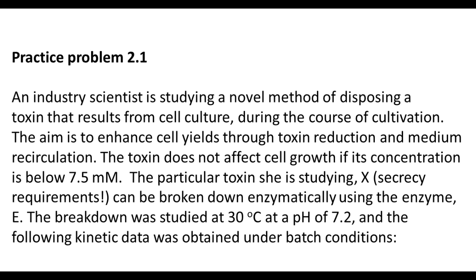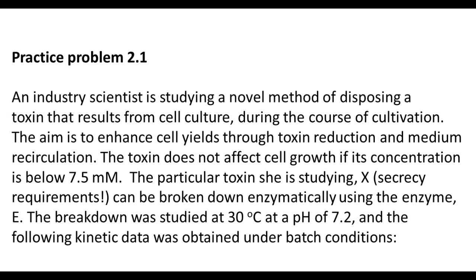The question reads as follows. An industry scientist is studying a novel method of disposing of a toxin that results from cell culture during the course of cultivation. The aim is to enhance cell yields through toxin reduction and medium recirculation. The toxin does not affect cell growth if its concentration is below 7.5 millimolar.